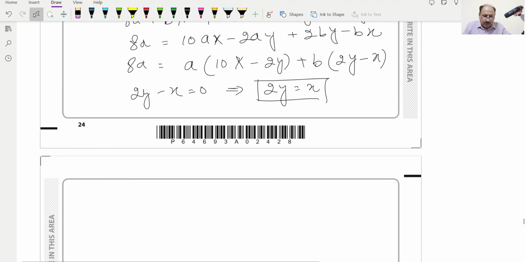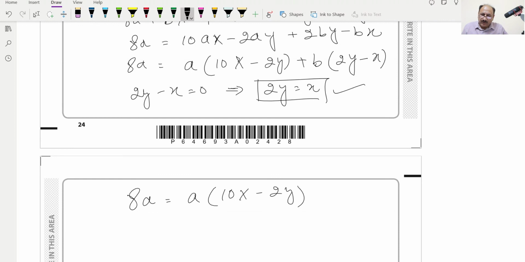We can compare the a coefficients of 8a also, so 8a is equal to a into 10x minus 2y, and this value of x is equal to 2y, we can replace over here, and we will get 8a is equal to a into 10 into 2y minus 2y.